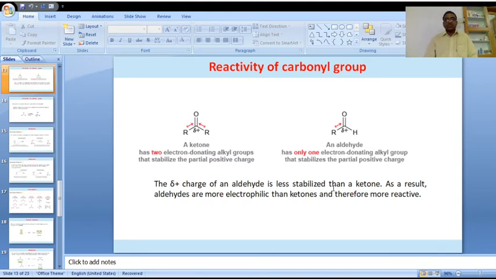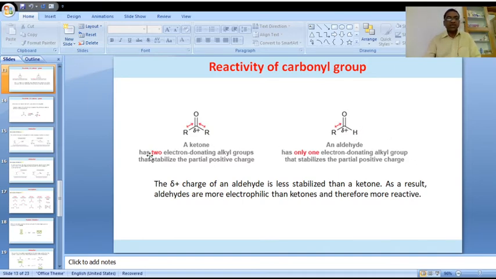Now we'll discuss the comparison of aldehydes and ketones. In a ketone, two alkyl groups are attached to the carbonyl carbon. But in aldehydes, the carbonyl carbon is attached to only one alkyl group. The remaining substituent is a hydrogen atom.